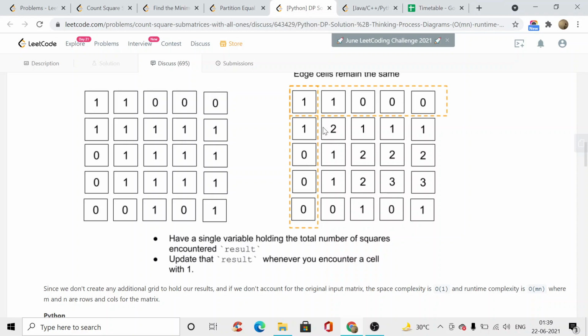So the answer is actually the minimum plus 1, that is 2. So it tells that it is storing the size of the square, 2, as well as the number of squares with this cell value.